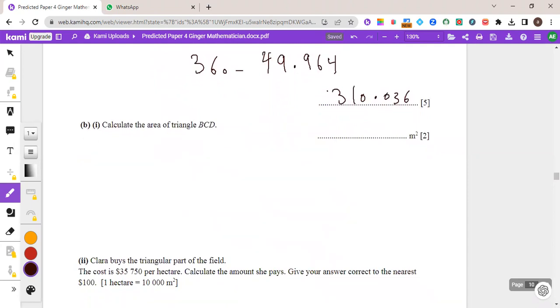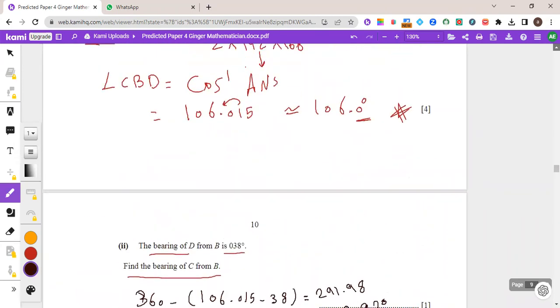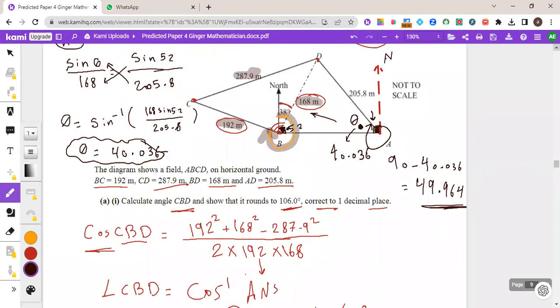Question B. Calculate the area of triangle BCD. Yes. So if you know the sides of the triangle BCD here, how to do it? We want to find angle DCB.